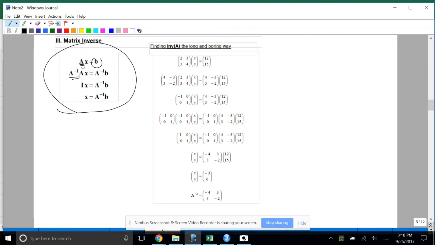Well, in this case, we have to be careful. So we're going to pre-multiply by something called A inverse. And so A inverse times A gives us the identity matrix. So it's basically a series of transformations of a matrix such that when multiplied by A gives you the identity matrix. And anything times the identity matrix is itself. So this A goes to the identity matrix, and identity matrix times x will give us x. So if you pre-multiply on this side, you have to pre-multiply on the other side.